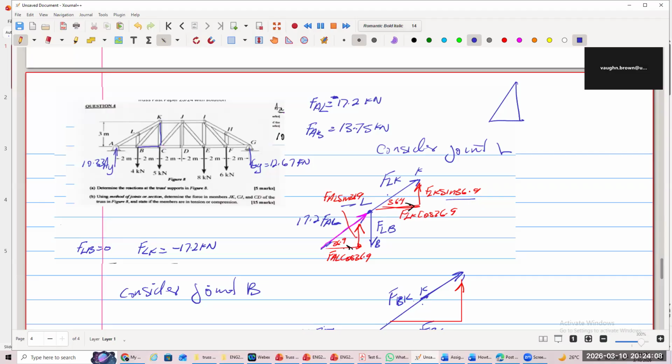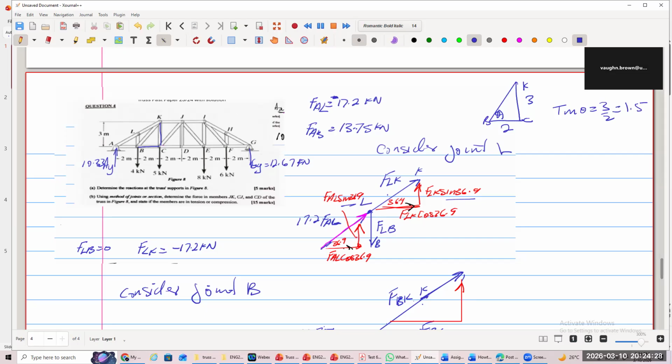So this is BC, 2, and K is 3. So that is a 2-3 triangle. If you get this angle theta, tan theta is equal to 3 upon 2, which is 1.5.